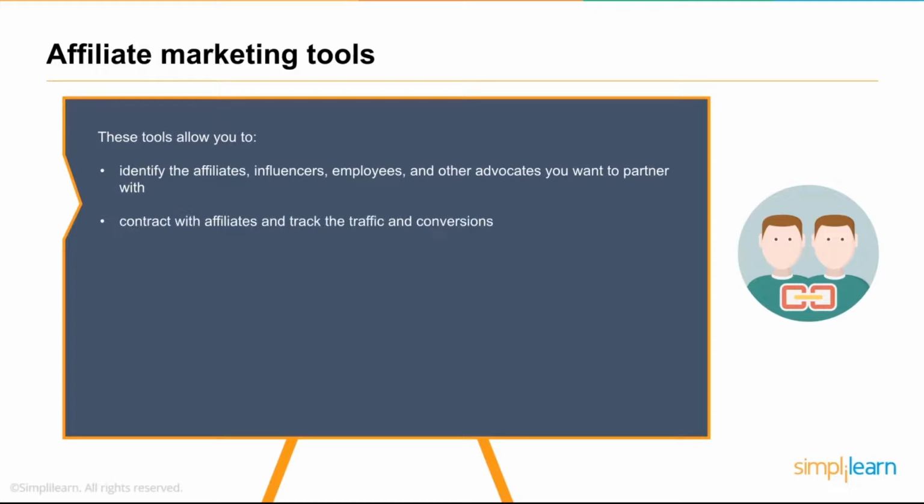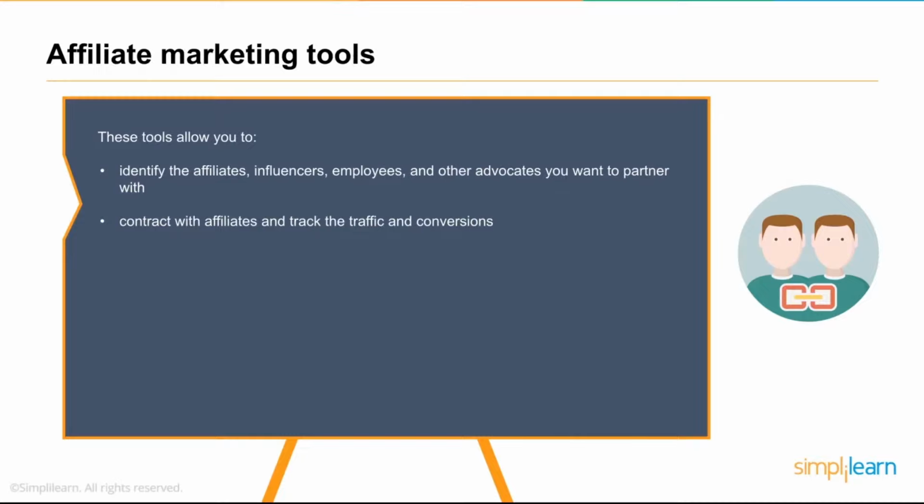They're brokering the relationship. The other benefit here is you can contract with affiliates and track the traffic and conversions. What do I mean by that? Well, if you do use CJ.com, by no means am I only endorsing that platform. There are plenty of others out there. But whatever platform you use, you're going to want to be able to set up terms and conditions with that particular affiliate.